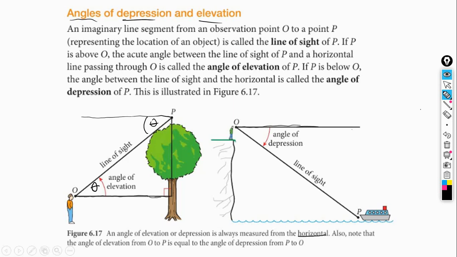Well, because if you have two parallel lines and another line that is slanted crossing those parallel lines, you have what are called alternate interior angles that are equal. Notice that the same would be true for the case on the right-hand side. So if the angle of depression is alpha, so will be the angle of elevation from P to O.